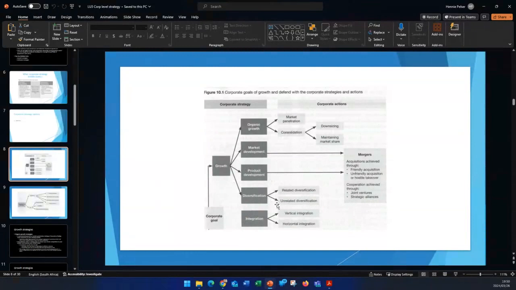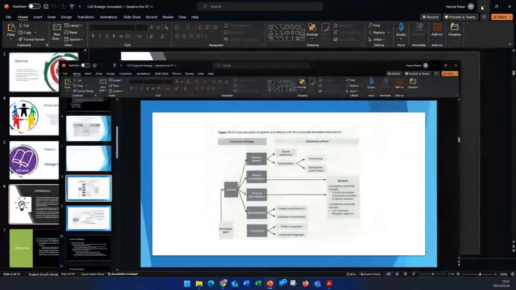With related diversification, because the platform and the technologies remain the same, you should have no issue with that. Or you could try and buy out a competitor, which is horizontal integration. Or vertical integration, try and get closer to your customers or buy some of your suppliers. Again, I don't think that's an ideal one. Horizontal integration might be the better option.